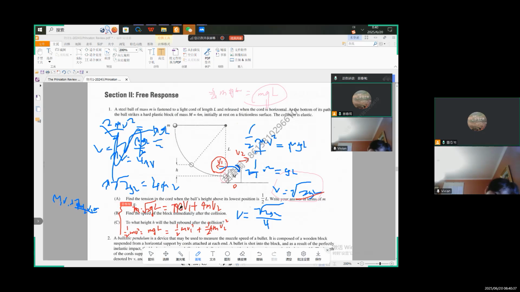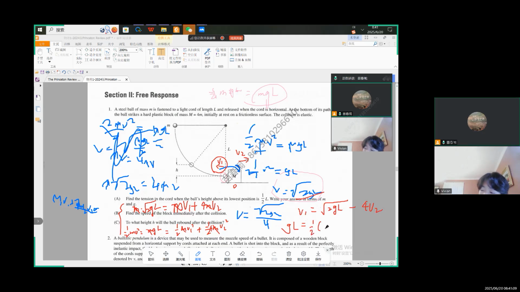So v1 is probably not that difficult to get, right? v1 equals square root 2gl minus 4v2, right? I probably can substitute it in the second one, right? So this gl equals 1/2.